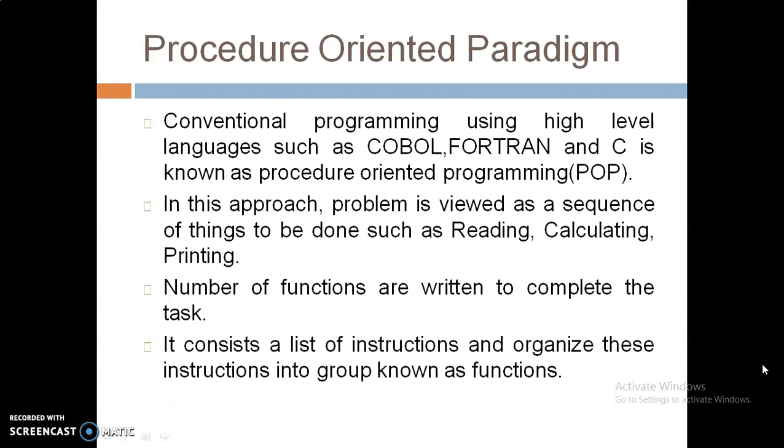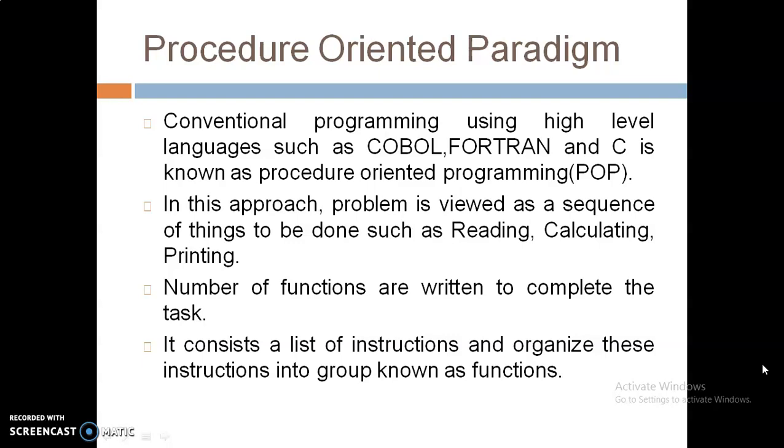So, let's start with the procedure-oriented paradigm. Conventional programming using high-level languages such as COBOL, Fortran and C is known as procedure-oriented programming. In this approach, the problem is viewed as a sequence of things to be done, such as reading data from the user, calculating the data and displaying results.